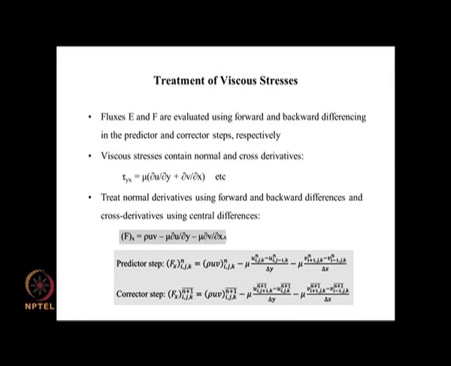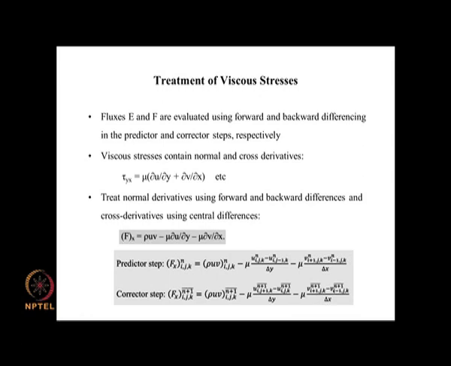That makes it a cross derivative, and cross derivatives must be evaluated using central differences. So it is evaluated as v I plus 1 minus v I minus 1 by 2 delta x at n, and in the corrector step again it is v I plus 1 minus v I minus 1 by 2 delta x, the same idea here.